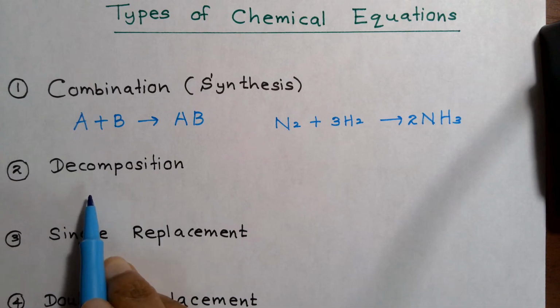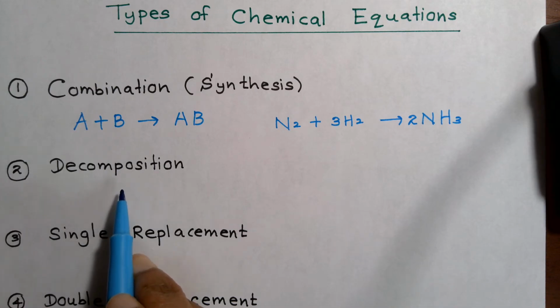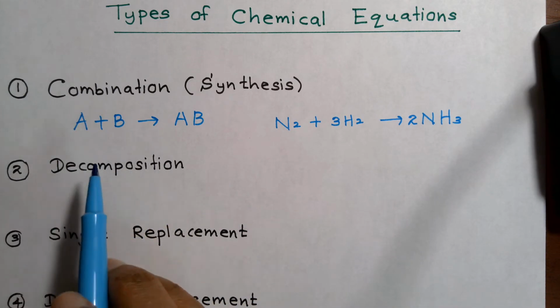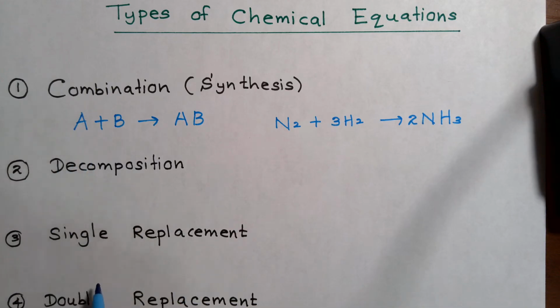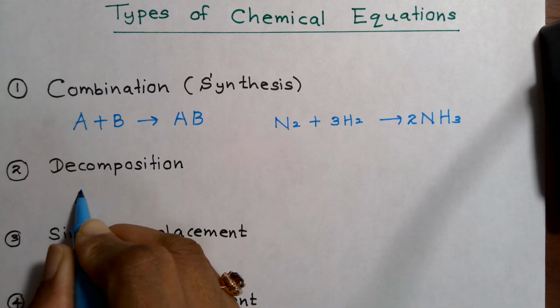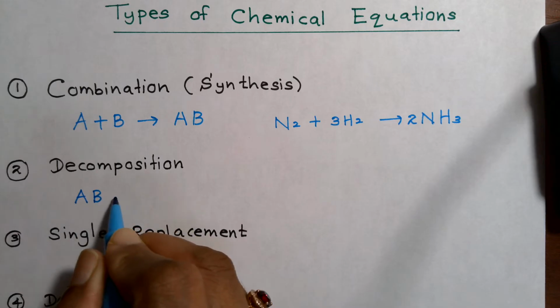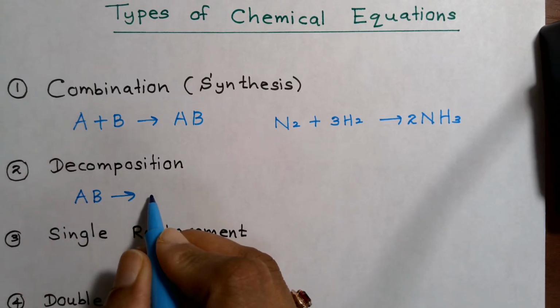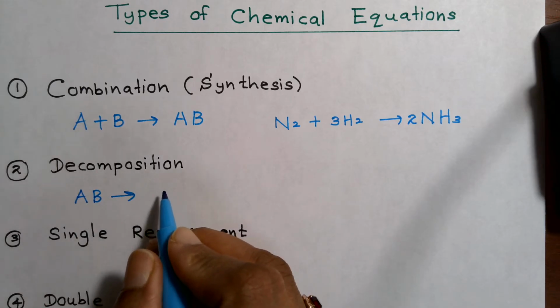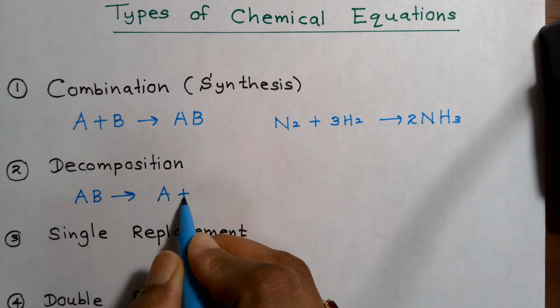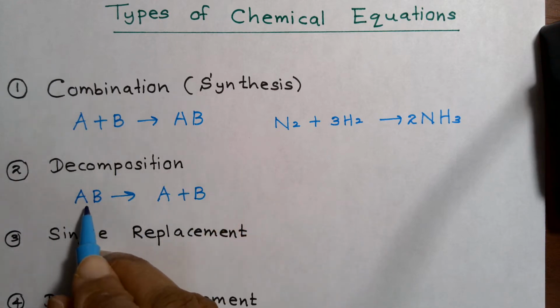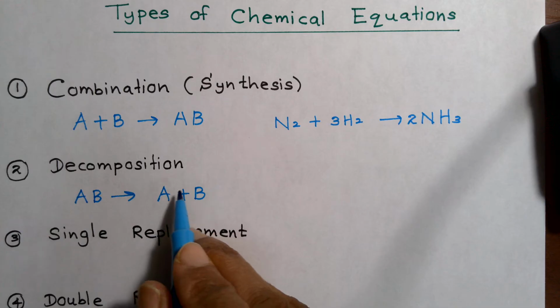Next one is decomposition. Decomposition means completely opposite to the combination reaction. Decomposition means a single reactant breaks into two or more products, A plus B. Single reactant, two or more products.